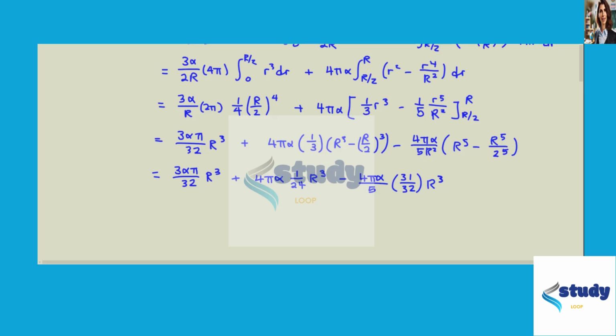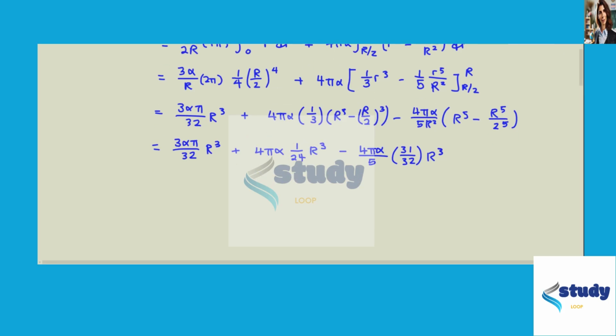Because pi alpha R cubed are constants, you can pull them out. So you have 3 over 32 plus 7 over 6 minus 31 divided by 40.